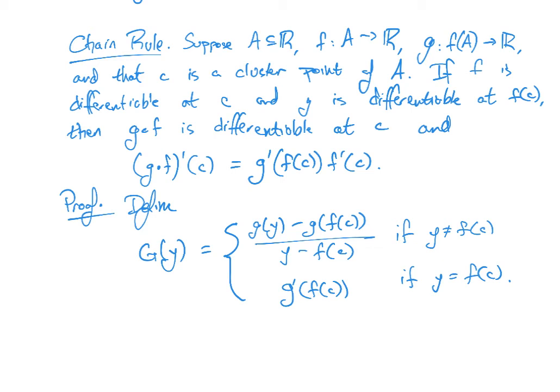The slope of the secant line from the point y, g of y, to the point f of c, g of f of c. But then, when we actually get to the point f of c, this is just giving us the derivative of g. So we're approaching that tangent line with these secant lines. We're just getting these slopes.